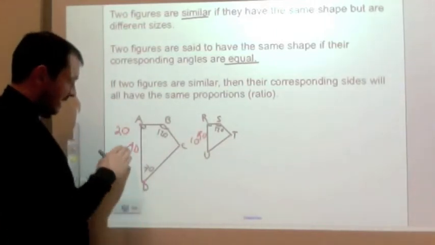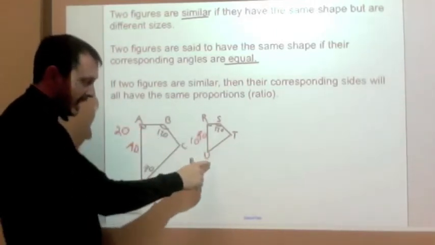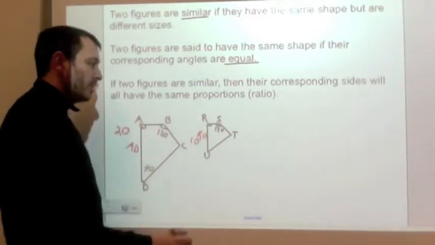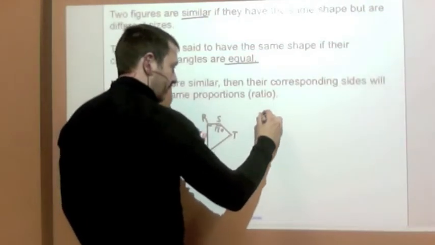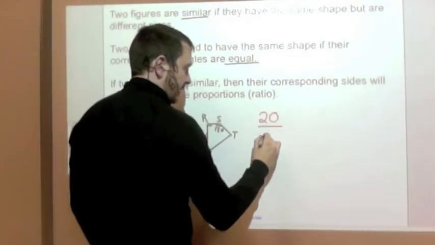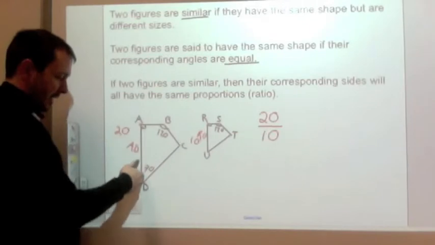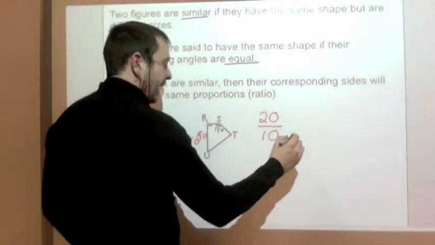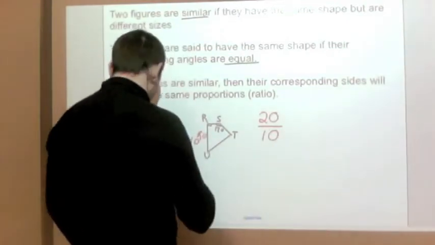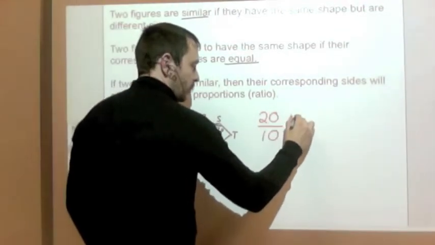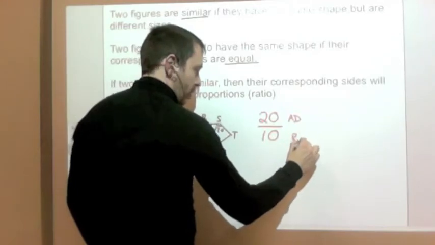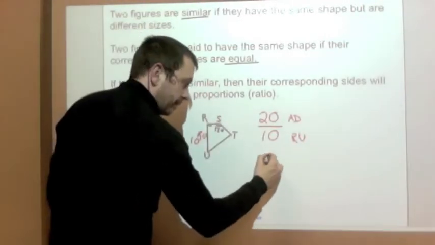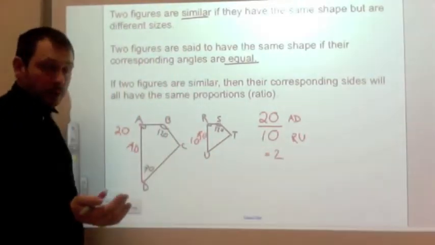What it means is this one is twice as big. So the ratio is 20 over 10. AD is 20, RU is 10. That means the ratio of size difference, if you divide them, is 2.